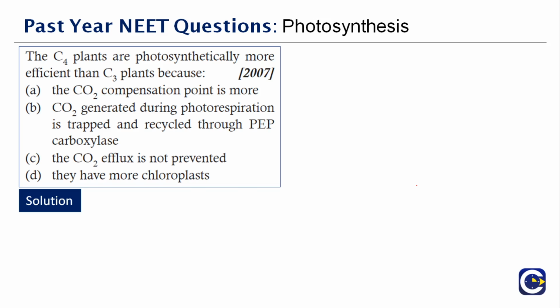Now, the C4 pathway allows the photosynthesis to occur at a very low concentration of carbon dioxide, as PEP carboxylase has an extremely high affinity for carbon dioxide. So, as I told here, it is something related to carbon dioxide. So option D is not the answer. So it is to be between the three options here.